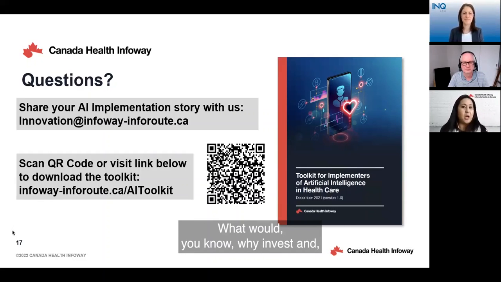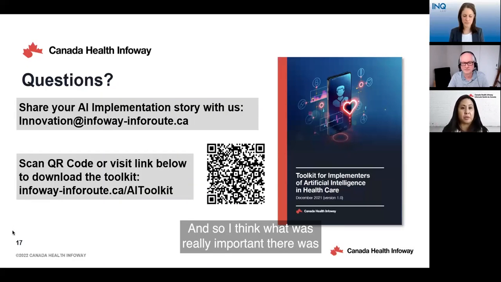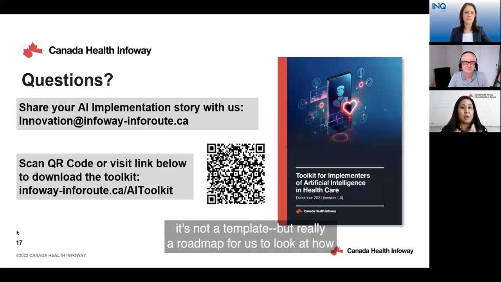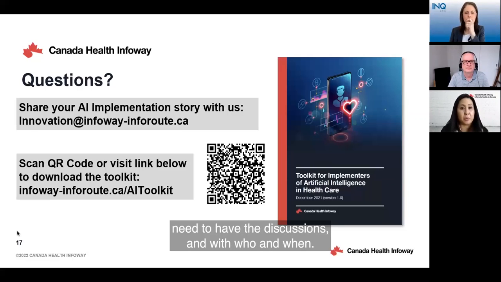Why invest and change management processes, all types of things. What I learned through this toolkit was really having a structure around, I'm going to call it a template. It's not a template, but really a roadmap for us to understand the ways in which we need to have the discussions, and with who and when.